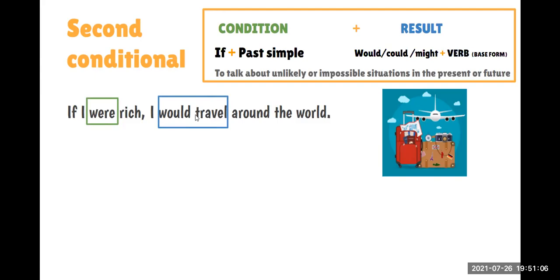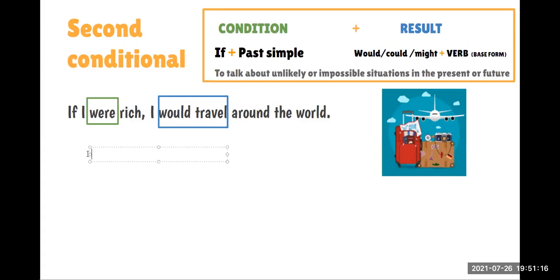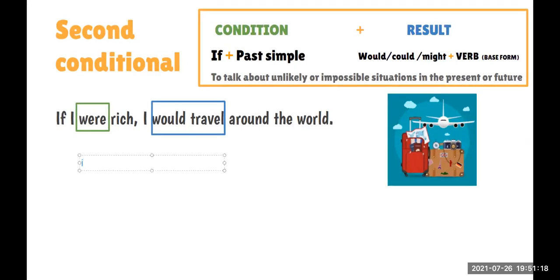Something I want you to notice is the verb in the past here. What is the verb we normally use for I? Was. I was, right? This is a verb that we normally use. I was, or we can say also he was, she was, or it was, right? This is what we normally use. But in conditional sentences, we change the verb, okay?